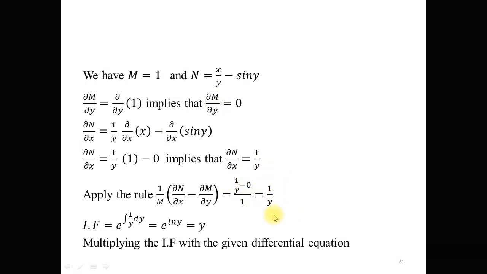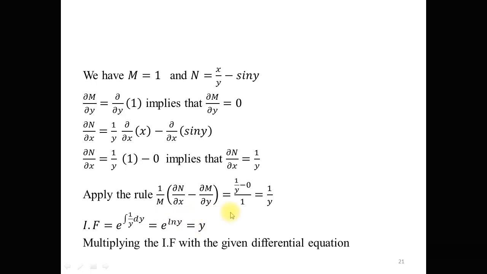This is a function of y alone, so we can find the integrating factor by e power integration of the function of y with respect to y. So e power integration of 1 over y is log y, so we obtain the integrating factor is y.